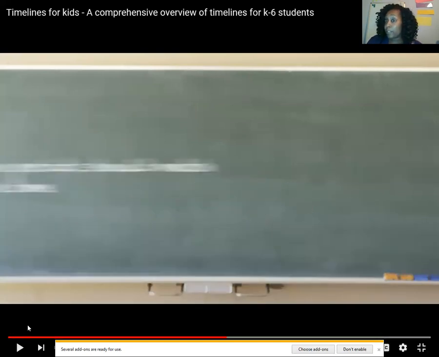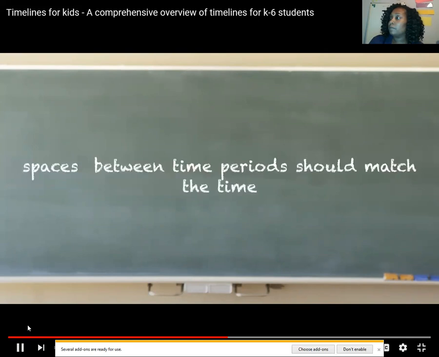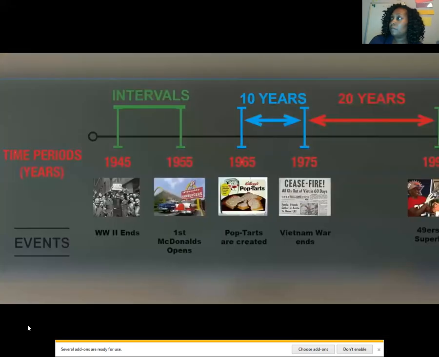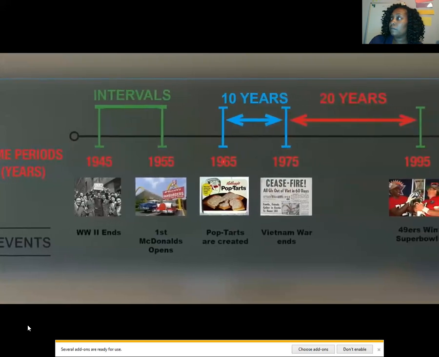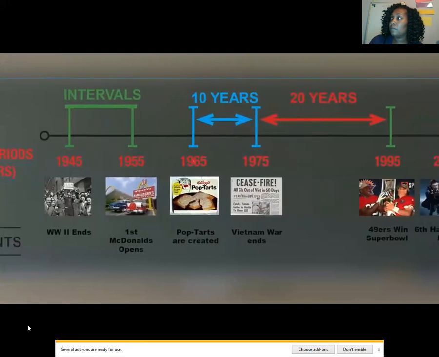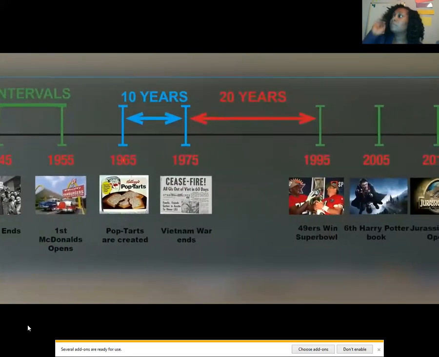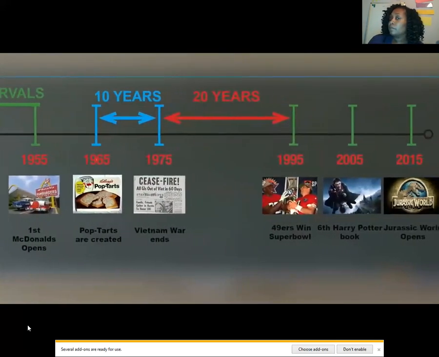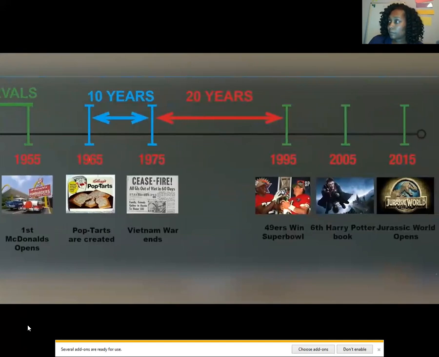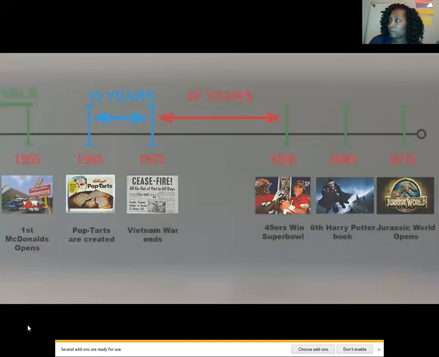Now, I'm going to do an event in history, but I want you to do a personal timeline. The spaces between time periods should match the time. For example, notice this timeline. It shows every 10 years, except there is a larger gap or interval between 1975 and 1995 because 20 years have passed. Timelines can be fun and they're easy to create.